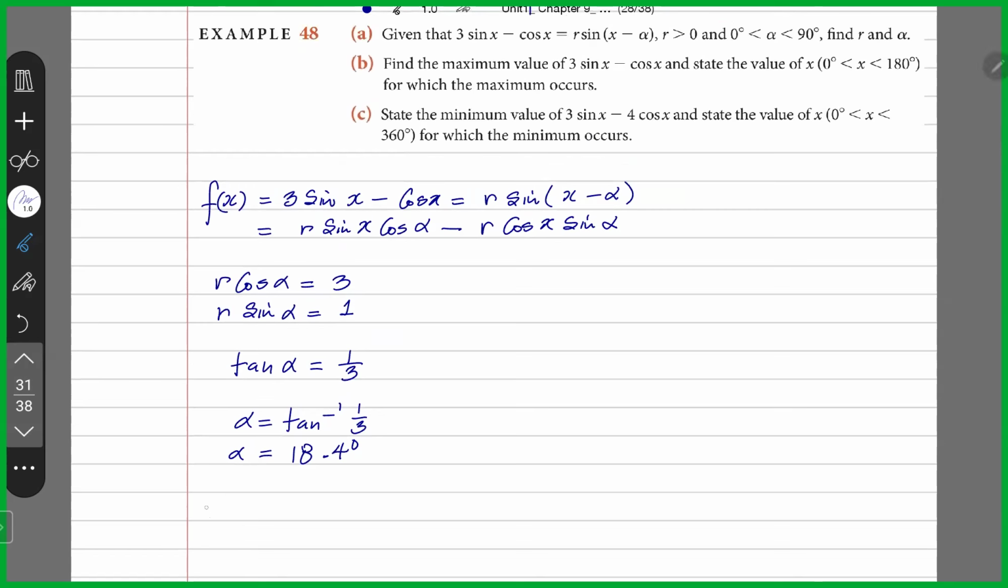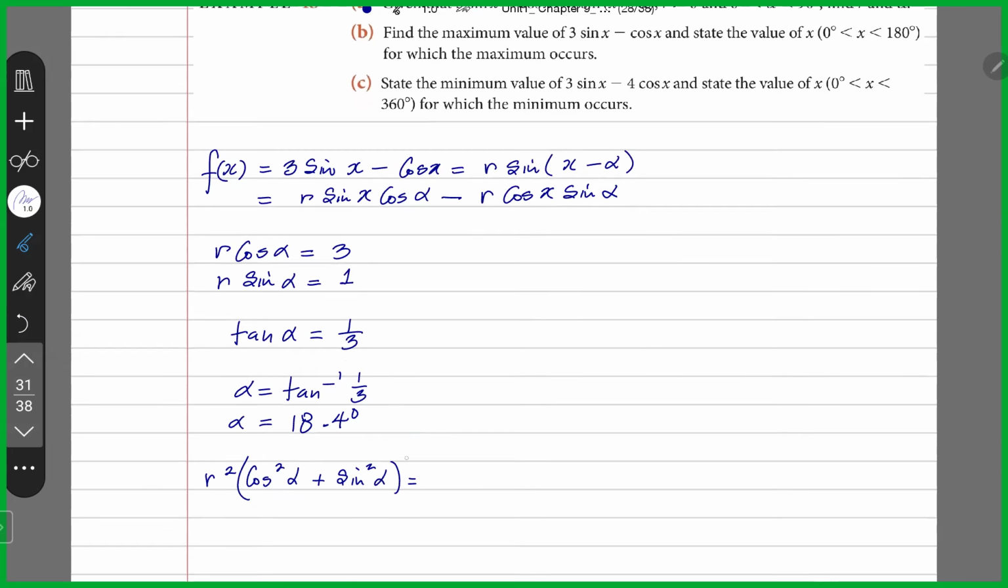We know that r squared cos squared alpha plus sine squared alpha is equal to 3 squared plus 1 squared.